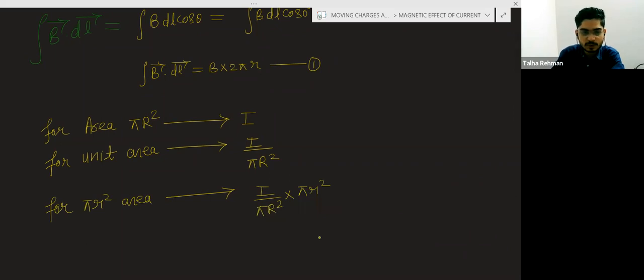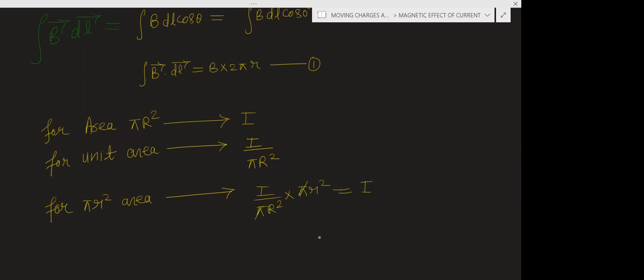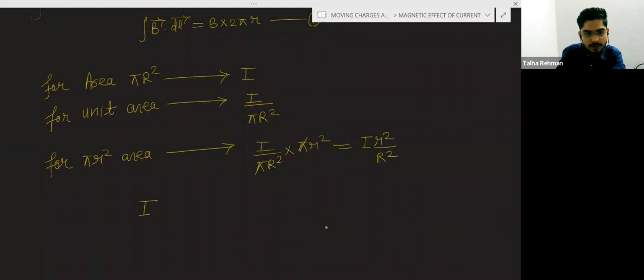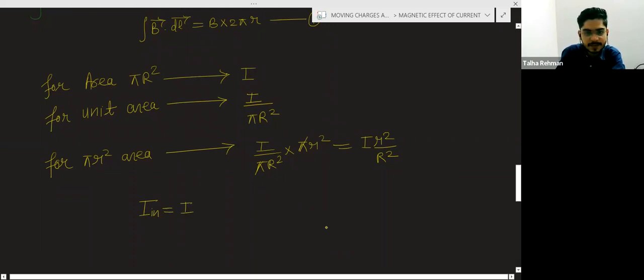This will be the current passing through the smaller area pi r square. So pi and pi will be cancelled out, and your current enclosed will be I into r square divided by capital R square.